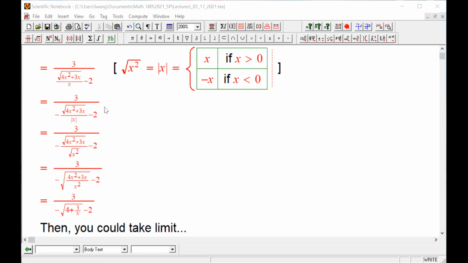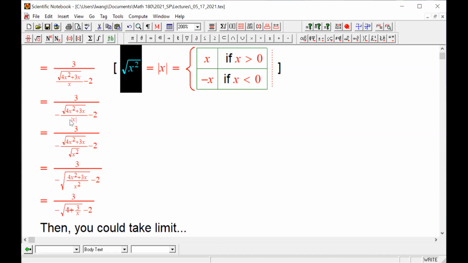Okay. Do you refer to this step, Andy? Oh, the next one, right? Okay, so we finally have the absolute value of x, and we know the absolute value of x is the same as the square root of x squared.